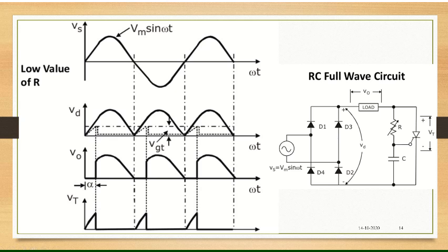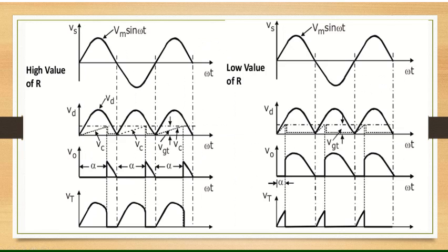Similarly, the voltage across the SCR can be observed here. Till it is turned on, it is following the VD voltage. Once it is turned on, the voltage across the SCR will be 0. So that is repeating for every half cycle. I hope you are able to understand and visualize.